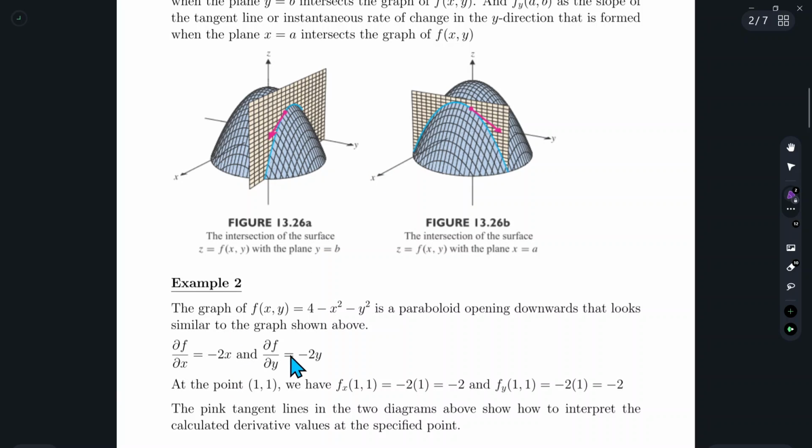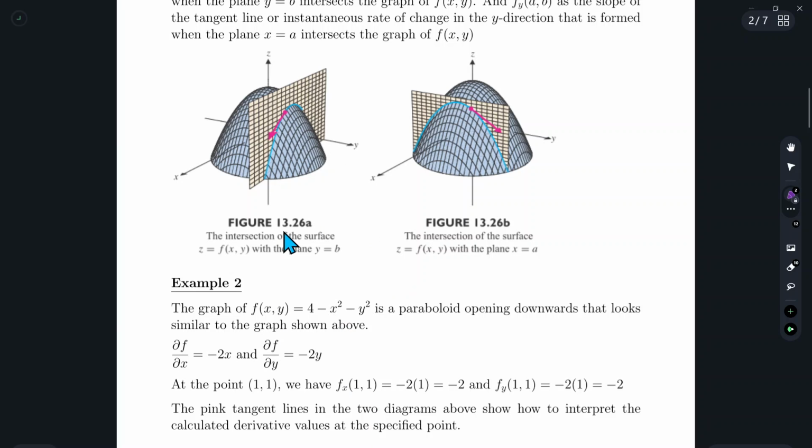If we calculate the two partial derivatives with respect to x and y, you get minus 2x and minus 2y. If I select the point 1 comma 1, then the partial derivatives at this point are both equal to negative 2.